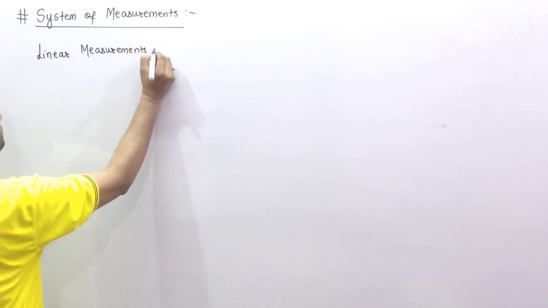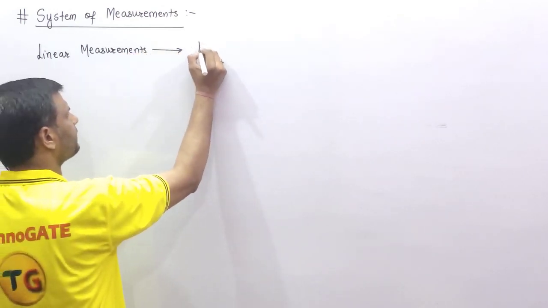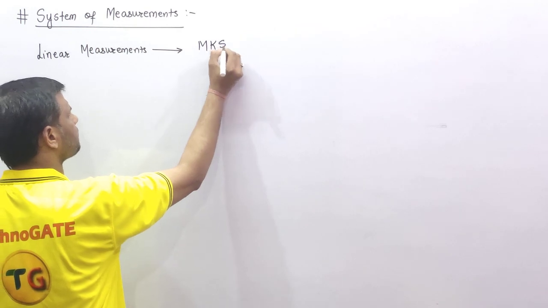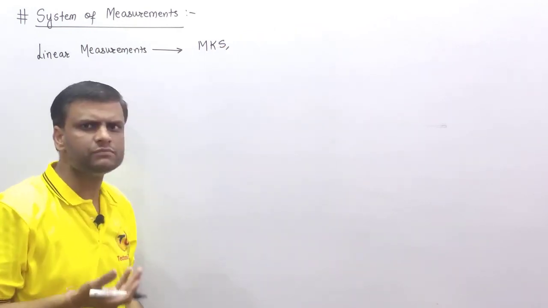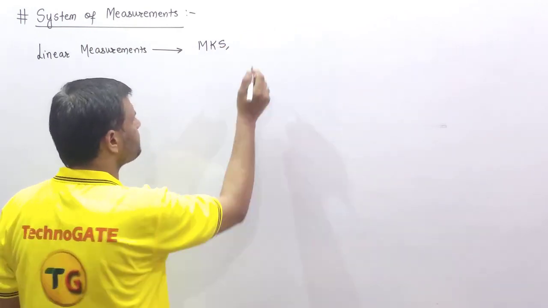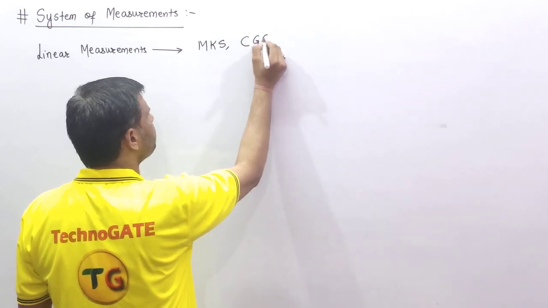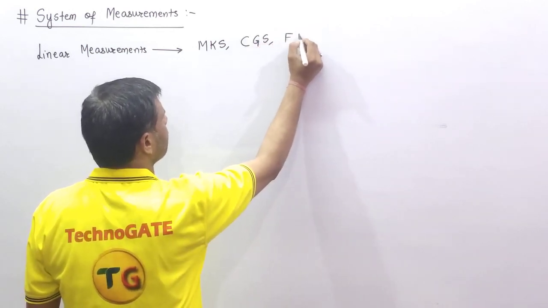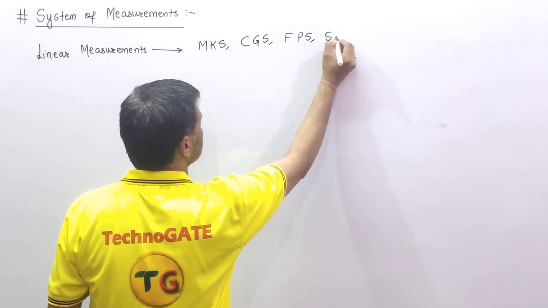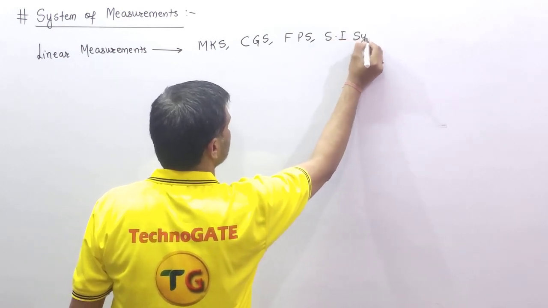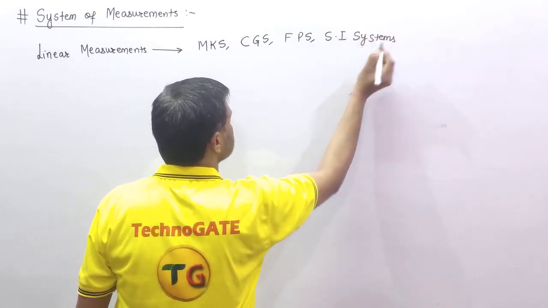for the linear measurements, as we know from our 11th and 12th class, various systems may be there: MKS system, CGS system, FPS system and SI system.